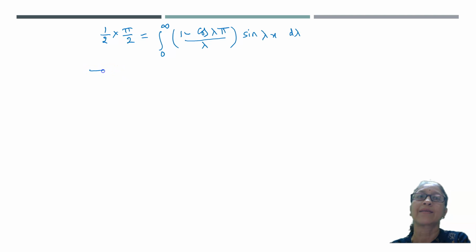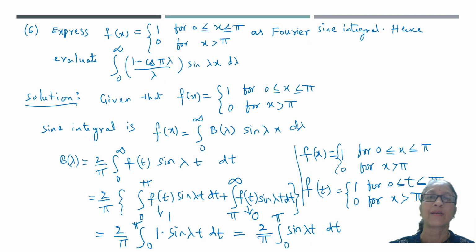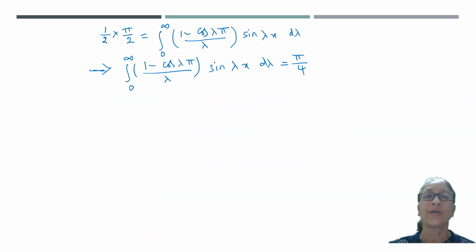That implies integral 0 to infinity of (1 − cos(λπ))/λ times sin(λx) dλ equals π/4. So let us check the question: we have to evaluate this integral, and it is equal to π/4. Now let us see the next question.